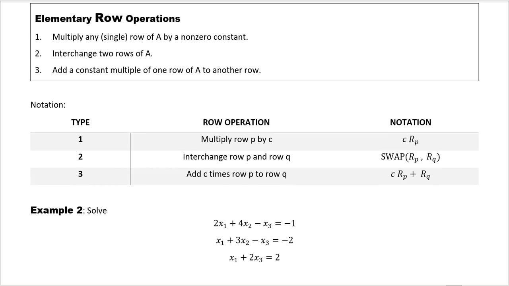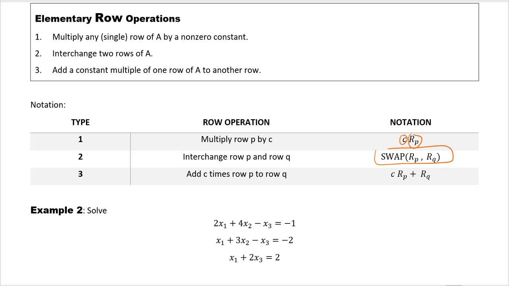Okay? So notation. When we multiply a row P by C, this is the notation. So we use C times row P. And when we interchange row P and row Q, we use this notation: swap row P and row Q. When we add C times row P to row Q, so this is what we do.